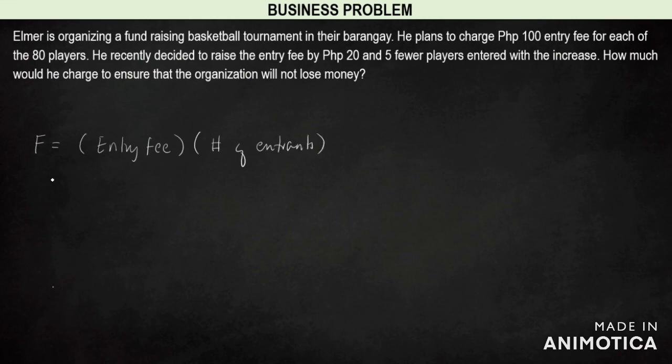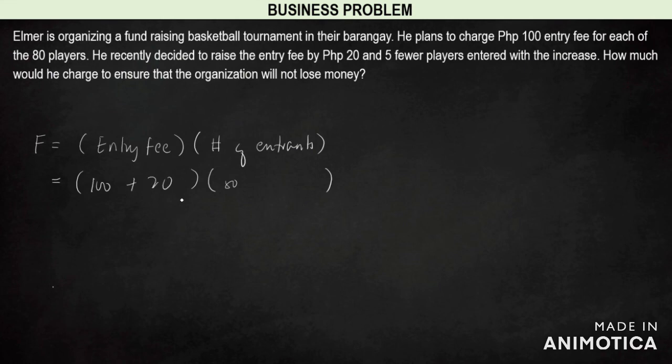The entry fee is 100 and the number of expected entrants is 80. Using a linear function, the fund of Elmer is 8,000. But Elmer wants to increase his fund, so he will use a quadratic equation by increasing the entry fee by 20 pesos.